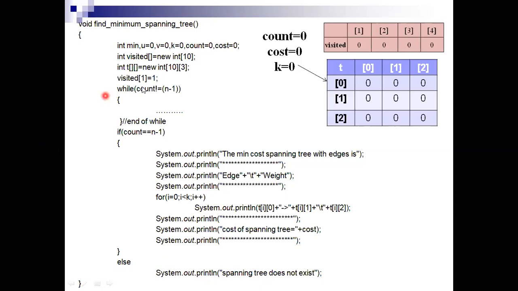I told you about initialization, I told you about printing, but I now have to tell you how I select the edges of my spanning tree. In the next slide, we'll see how we select the edges of the spanning tree.